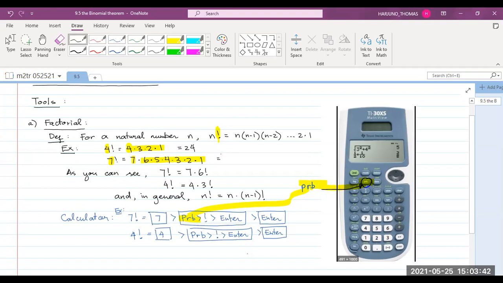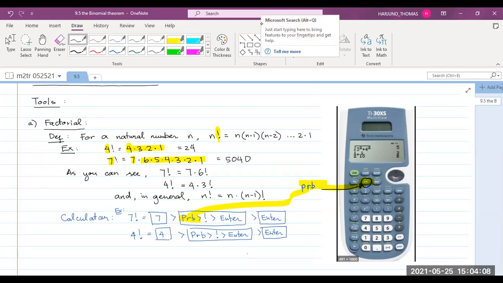My calculator is a TI-84, so the way to press that will be different. And 7 factorial, I get 5040. Can you confirm? Otherwise, you just use your calculator: 7 times 6 times 5 times 4 times 3 times 2 times 1. Okay.